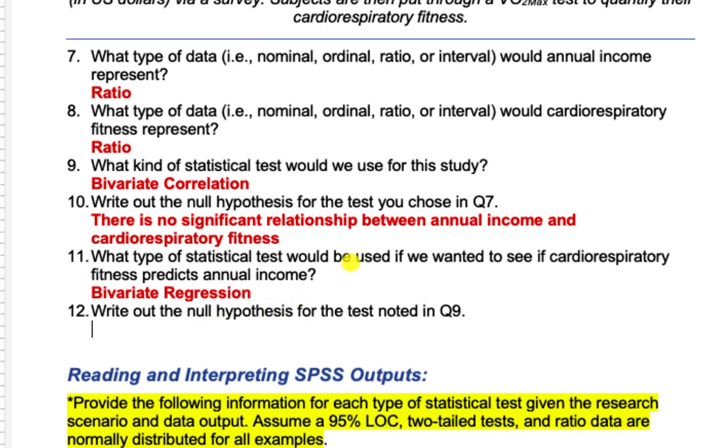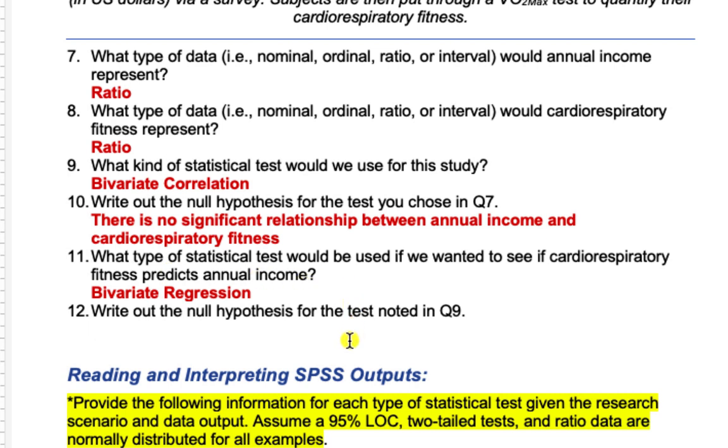Okay. So from that, we know that the null hypothesis is going to change slightly. And specifically, we're seeing if cardiorespiratory fitness predicts annual income.